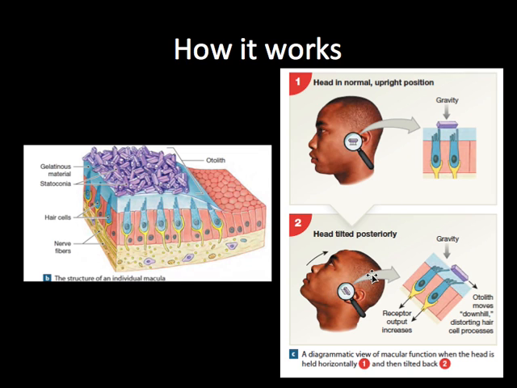But if you tilt your head back, then these otoliths will be pulled towards gravity's directly down direction, but this time, since your head is tilted, the gel also moves in a posterior direction as well. You can see that the hair particles over here are different, and that's going to send a different signal. So you can tell that even at rest, because of the structure of the otoliths, you can tell what kind of position your body is in.